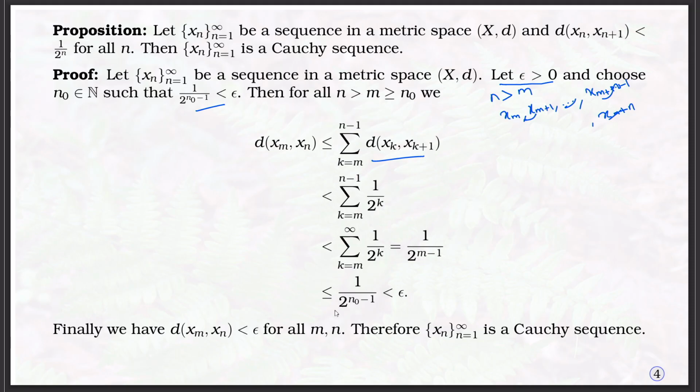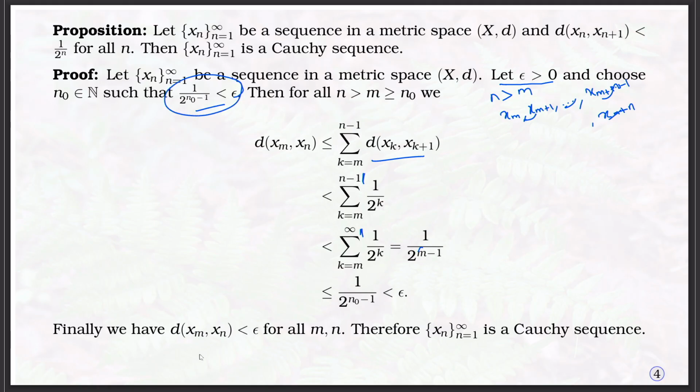Now, this is less than or equal to the finite series that we can extend up to infinity, so the sum over k equal to m to infinity of 1 by 2^k, which is equal to 1 over 2^(m-1). Now, instead of m, one can take n_0, which is less than or equal to 1 over 2^(n_0 - 1), which is less than epsilon we already chose.